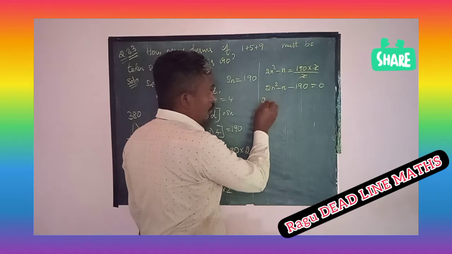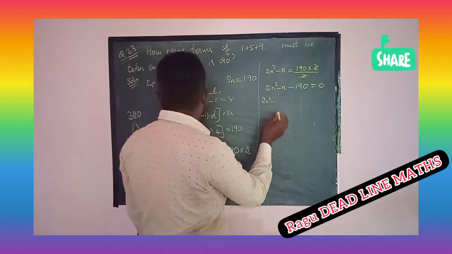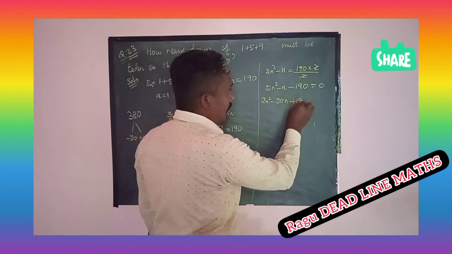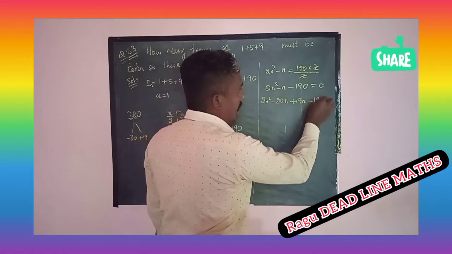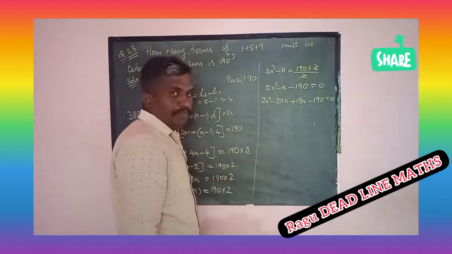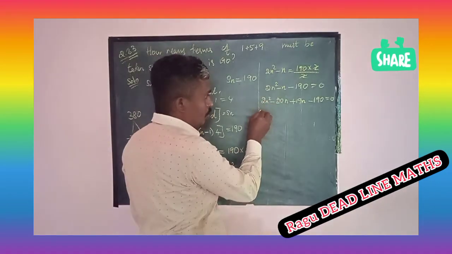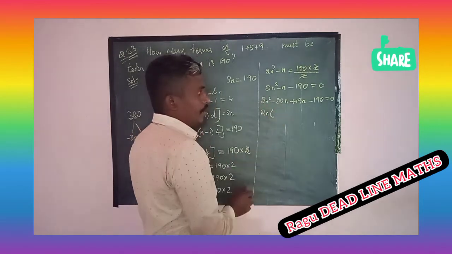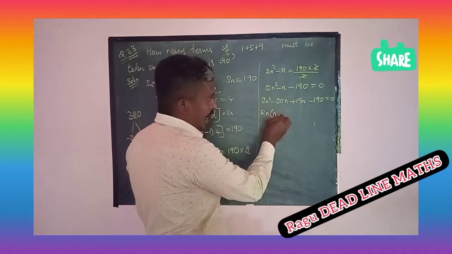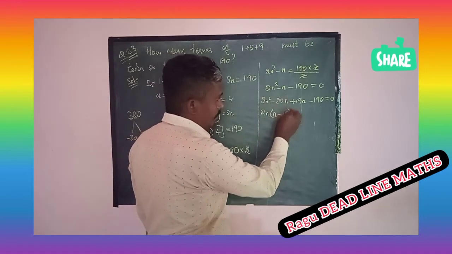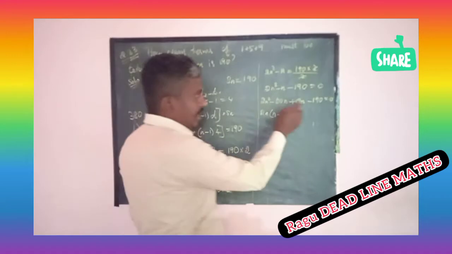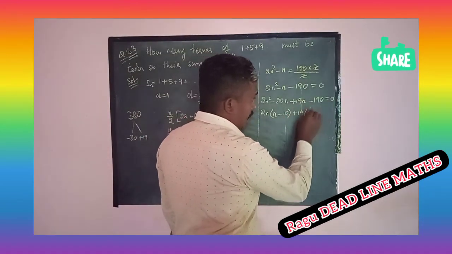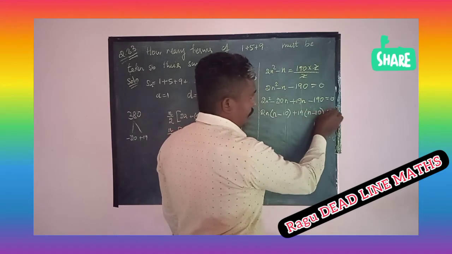So here 2n square minus 20n plus 19n minus 190 is equal to 0. In the first two terms, 2n is common, so the balance is n minus 10. In the next two terms, 19 is common, again leaving n minus 10.